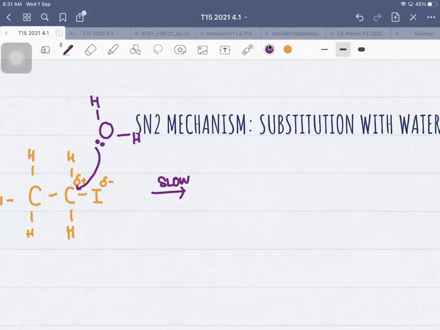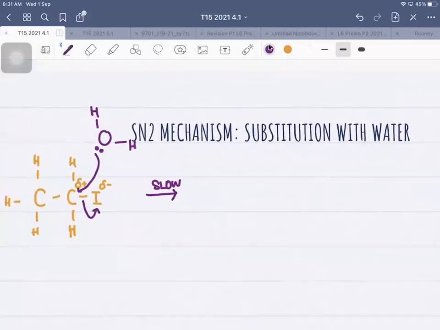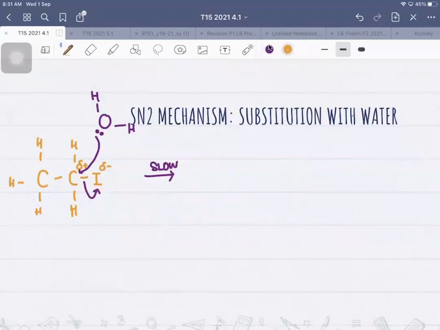One of the bonds needs to be broken, and it is the carbon-halogen bond that is usually broken. You form a transition state, where the transition state shows you the bonds that are in the process of making and in the process of breaking.